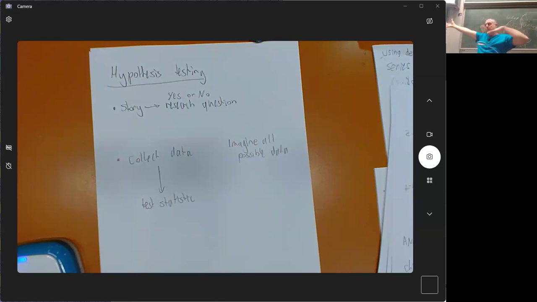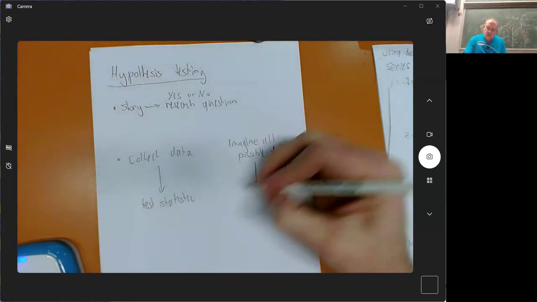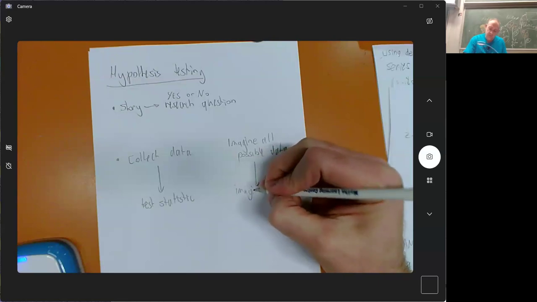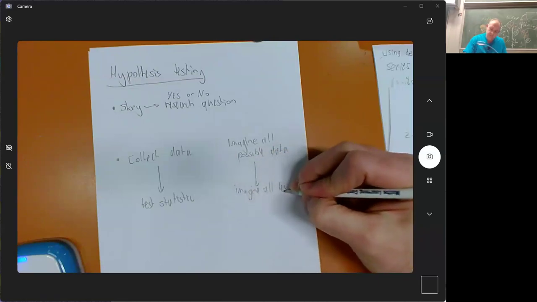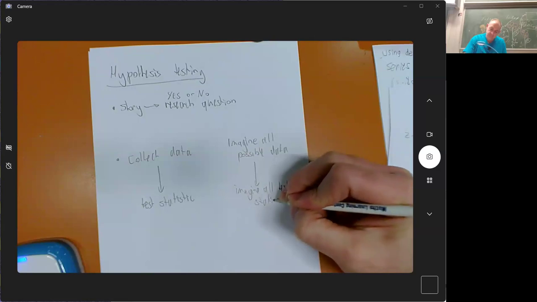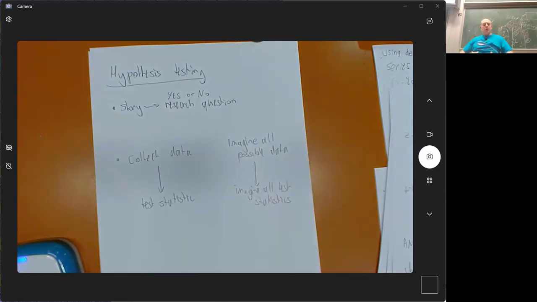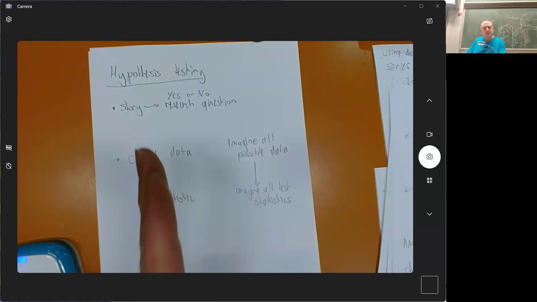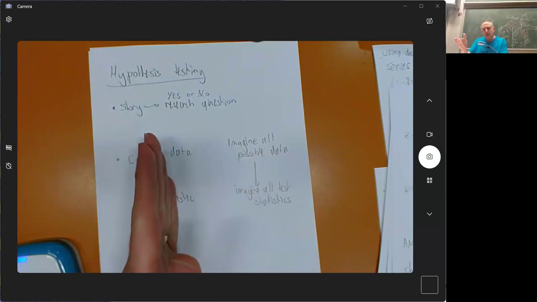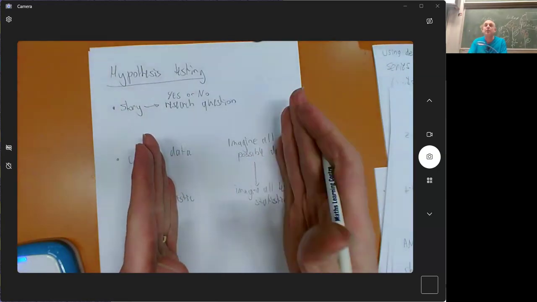So if you had 60 people in your study with the Nurofen and the aspirin, you imagine all possible sets of 60 people that you could have collected data from. You imagine all of those, and you imagine all the test statistics. And what you do is you compare your test statistic that you got today with all of the test statistics that could have happened.